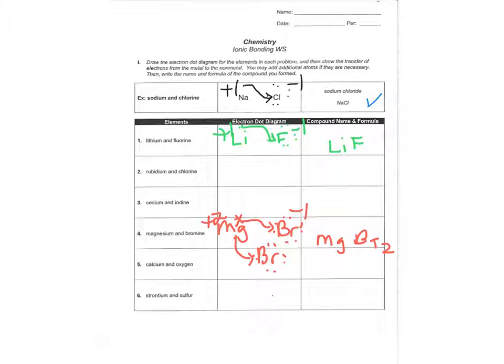So you've got to show more than one of any one of the elements because you've got a subscript that says there's a 2 on the bromine. You have to draw 2 bromines and only 1 magnesium and show that those 2 electrons that magnesium has to give up have got to go to 2 separate bromines in which each bromine can receive 1 valence electron to satisfy the octet rule of every item that's in the compound.